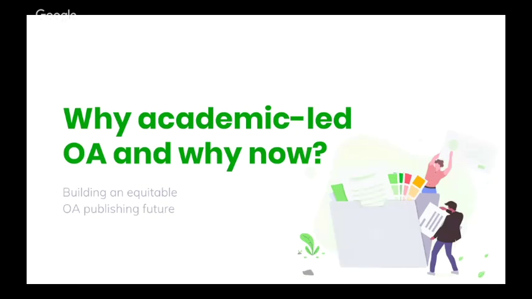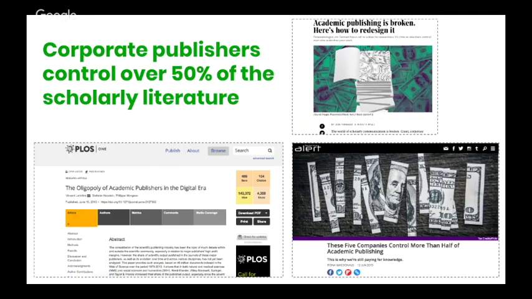And we'll start with some quick background on the growing academic-led publishing movement. Academic-led publishing initiatives have really stemmed out of a need to make research more sustainable. Many of us are familiar with the serials crisis that's been ongoing.